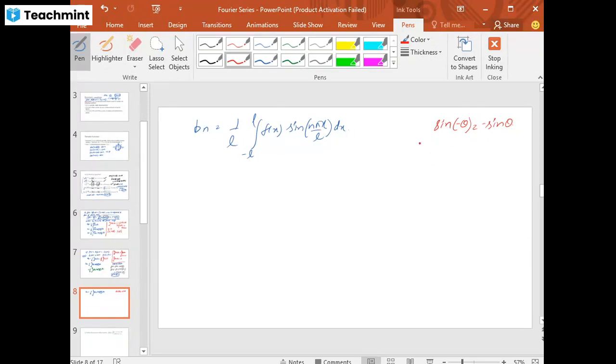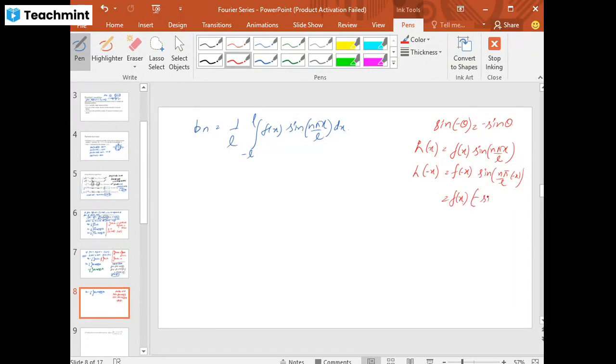so let us consider h of x is equal to f of x into sine of n pi x upon L. So what is h of minus x? This is f of minus x into sine of n pi upon L into minus of x. F of minus of x is f of x because your function is an even function. But sine of minus theta is minus of sine theta.